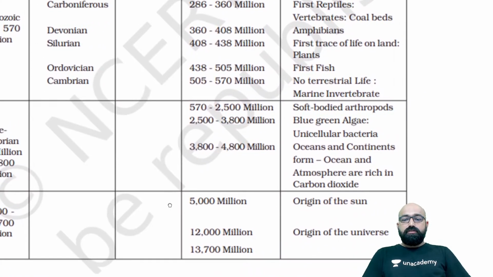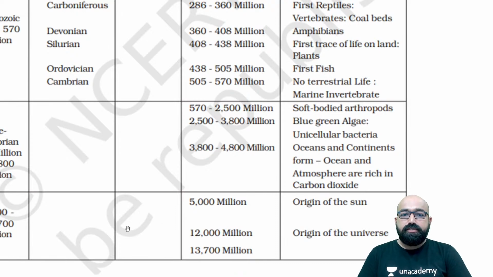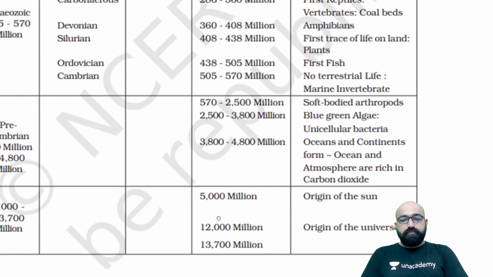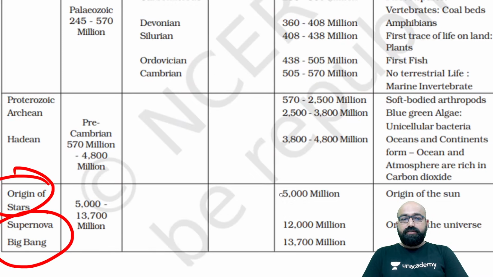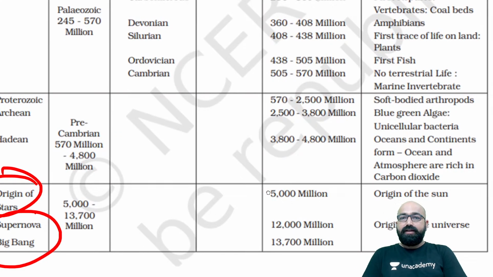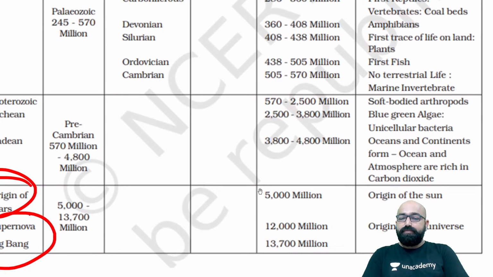Then age or years before present: Big Bang, 13,700 million years. Then supernova, 12,000 million years. And origin of stars, 5,000 million years. Then the major events like origin of the universe, and then origin of the sun.